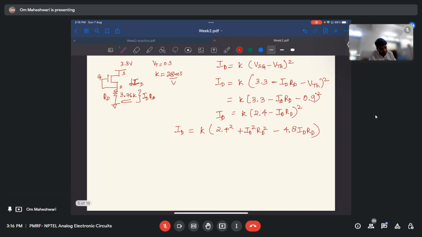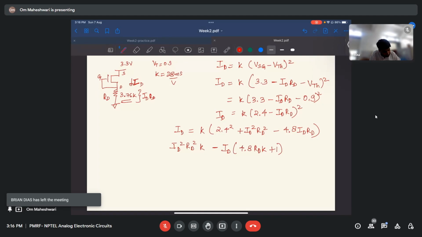So if I rearrange it, ID square RD square K minus ID (4.8 RD K plus 1) plus 2.4 square K equals 0.